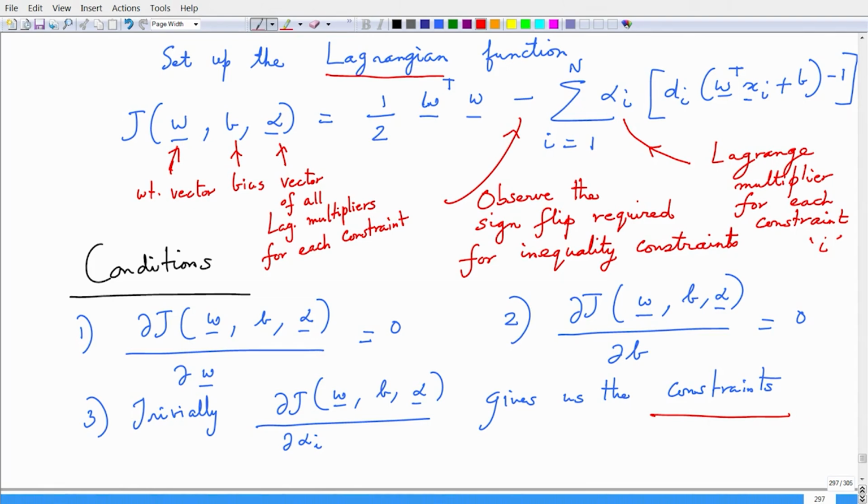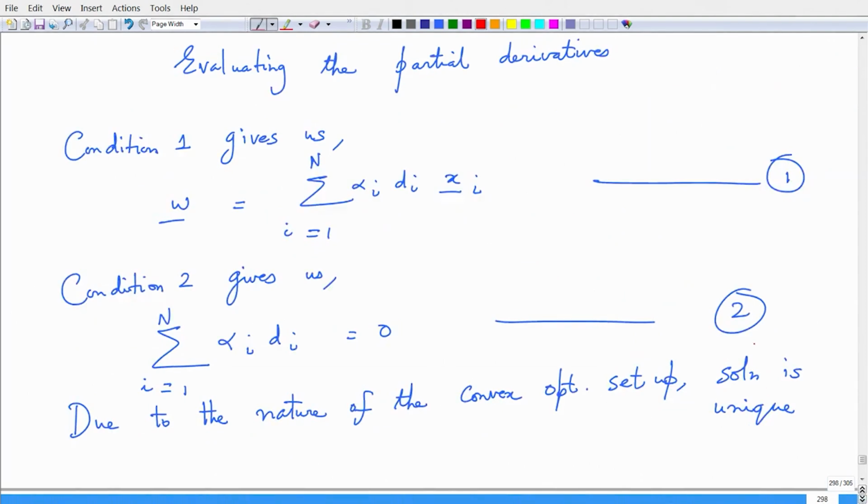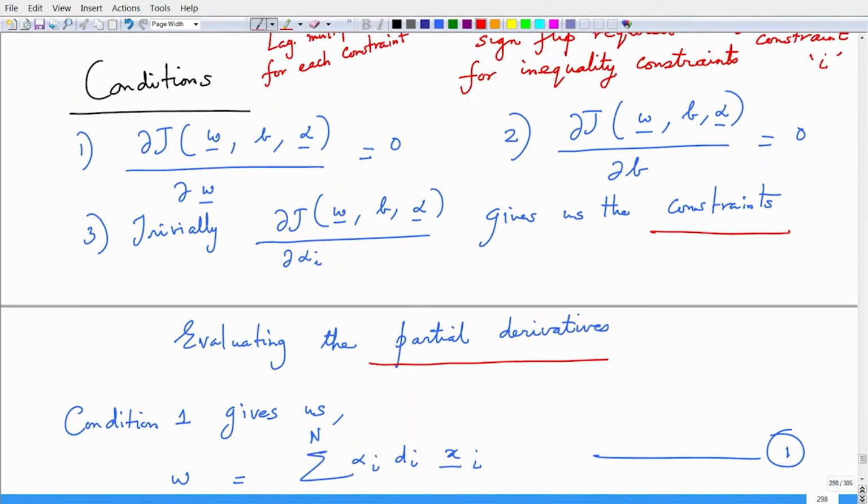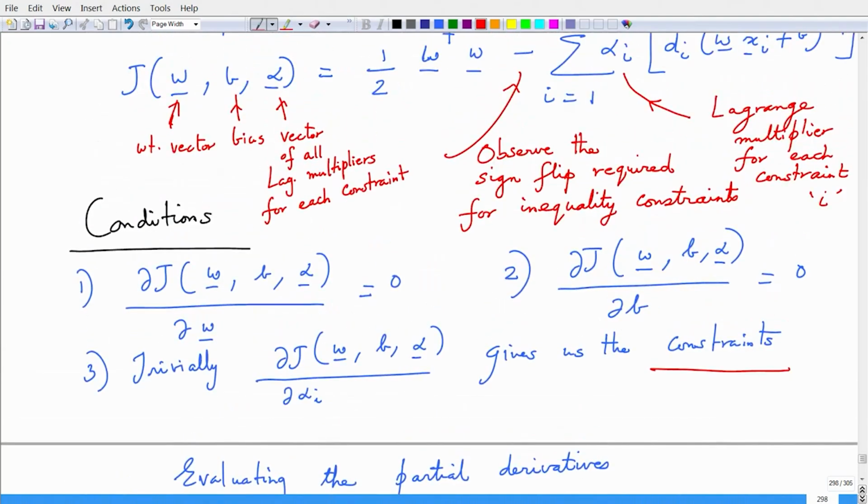Now, let us go further and evaluate the partial derivatives. For condition 1, which is the partial derivative of J with respect to W equal to 0, it is pretty straightforward.